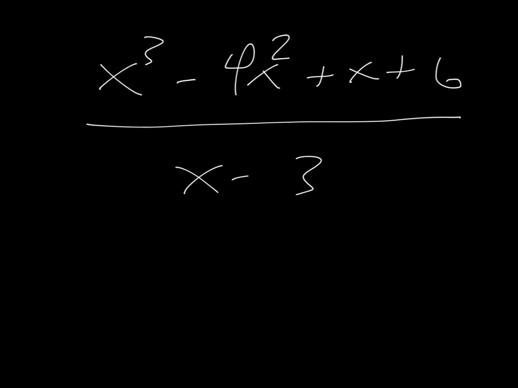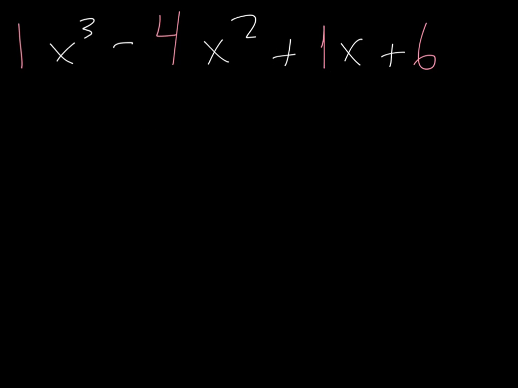Now one way we could approach this is by doing long division, but synthetic division is a shortcut. It makes life a little simpler as long as you, of course, understand the process here. So I've rewritten the polynomial emphasizing the coefficients, because when we do synthetic division we just take these coefficients.